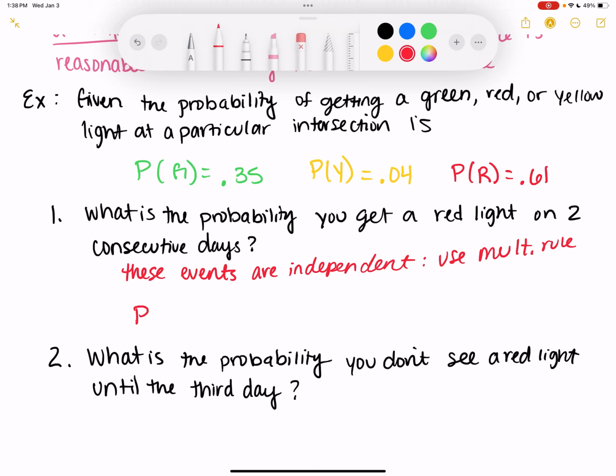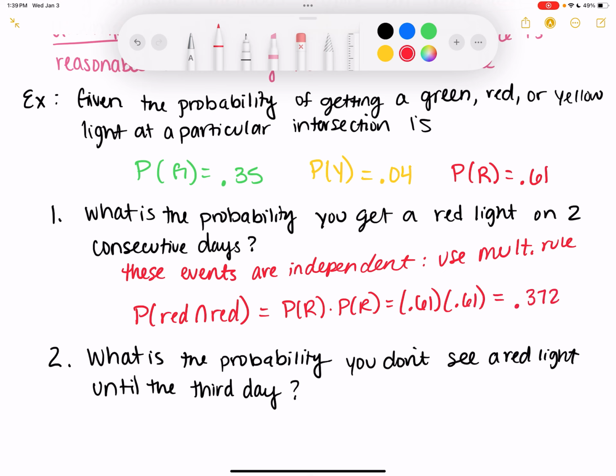So this is the probability of a red intersected with a red. So that means red and red. So P of R times P of R, which would be 0.61 times 0.61, which is 0.3721.